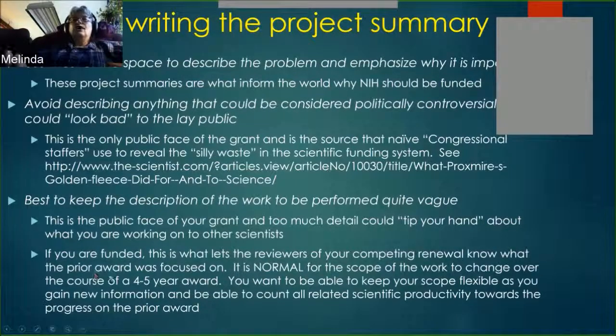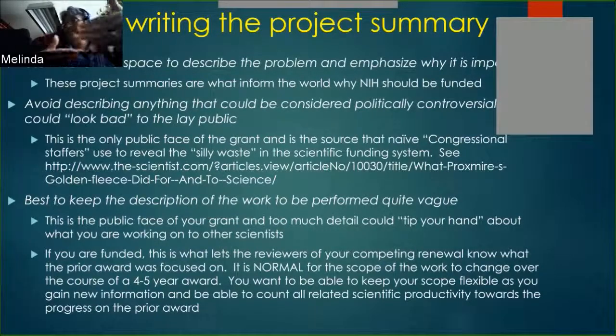Again, this isn't for a K, but if you go into an R that is renewable, the scope of work over a 4 to 5 year grant changes. If you put in your project summary too much detail about what you're doing, you're almost asking the reviewers in your renewal to hold you to that exact scope of work, when you might have been very productive but took new opportunities, or switched the approach a little bit because of some data.